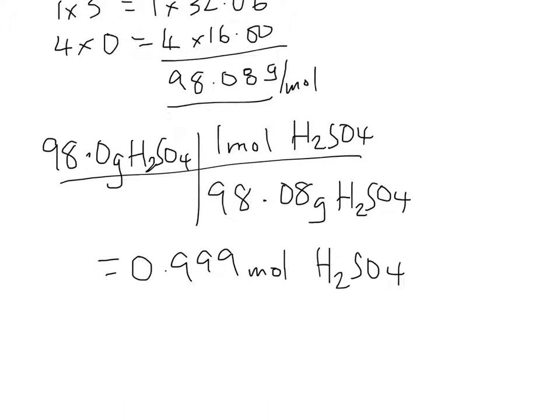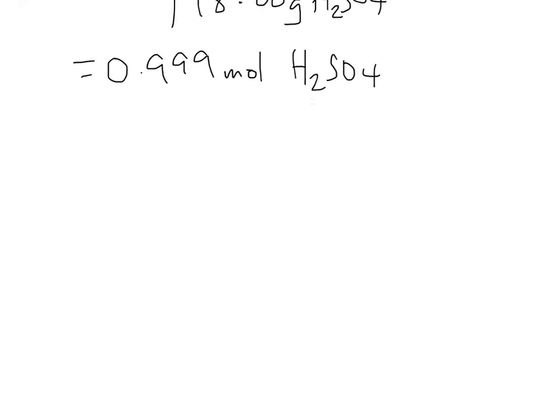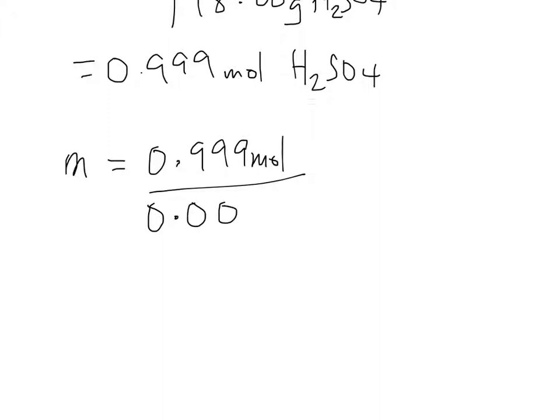So that means that our molal concentration is just the number of moles of solute, which we decided was sulfuric acid, divided by the number of kilograms of our solvent, which we decided was water. And when you do that division, you get a pretty large number, right?